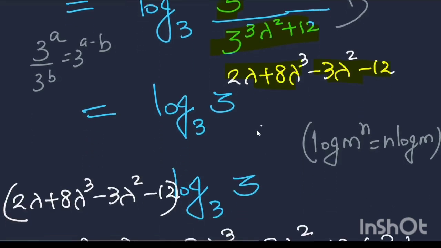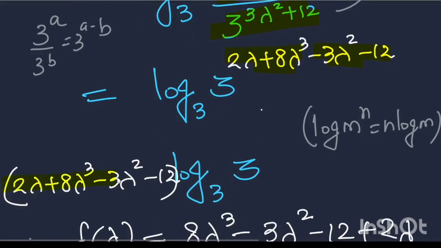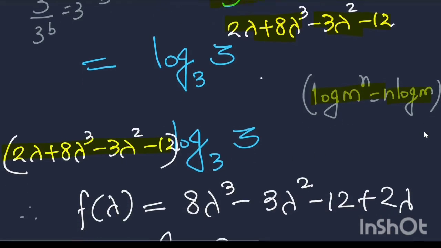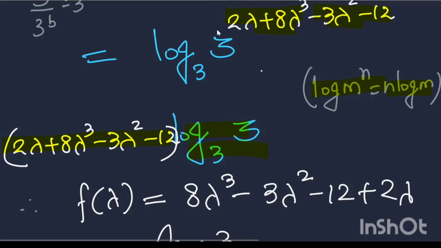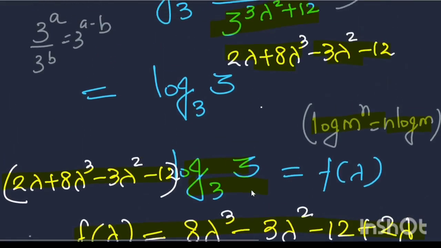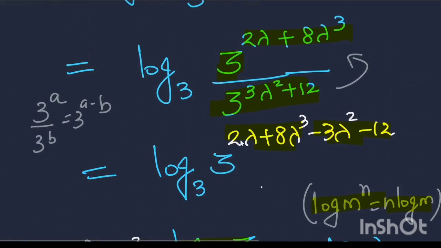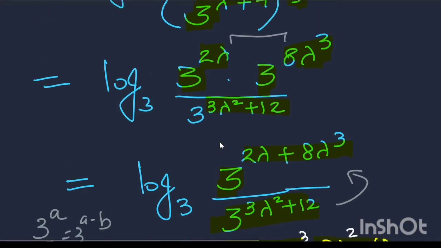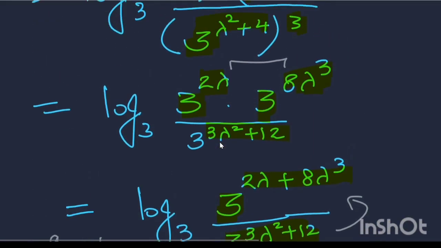Now this will come down from the property log m to the power n is n log m. Log 3 base 3 is 1. So this whole thing was equal to f lambda. So f lambda, as you can see, is a polynomial of degree 3, although it can be guessed way earlier, a few steps earlier, if we are fast enough to think.